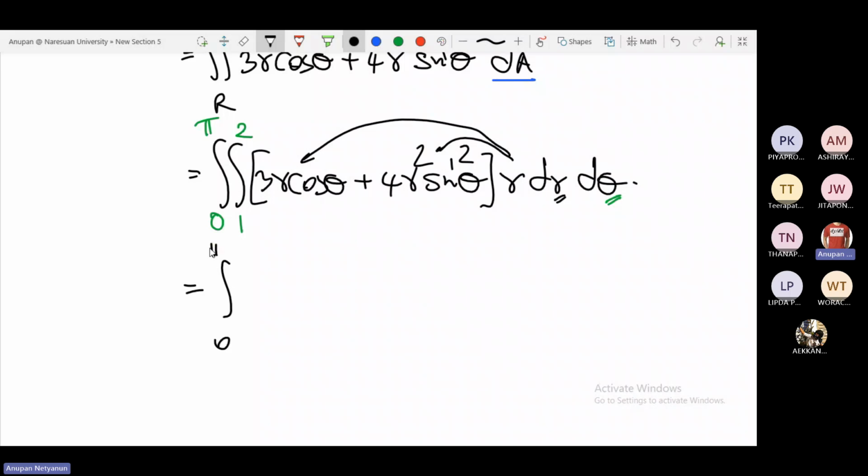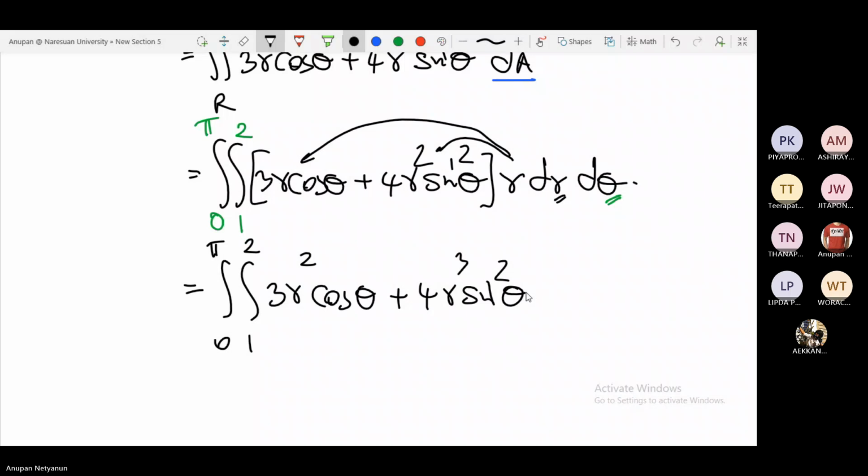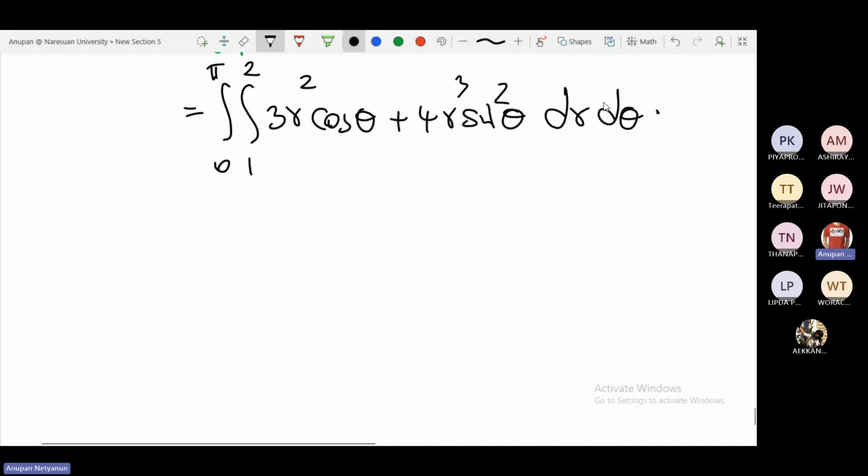So I have 0 to pi, 1 to 2, 3r squared cosine theta plus 4r cubed sine squared theta, and then dr d theta. Now I have to integrate with respect to r. Theta is a constant.